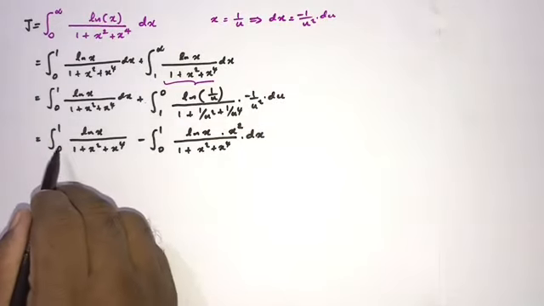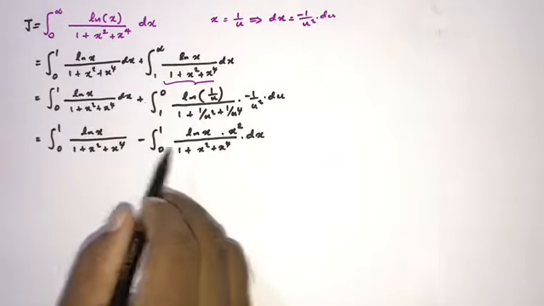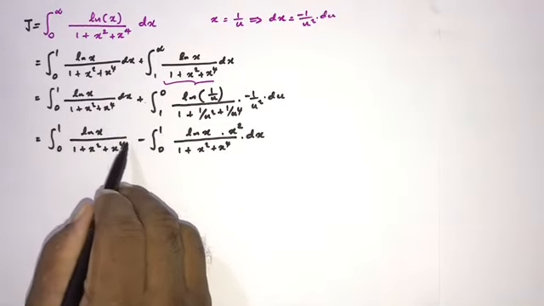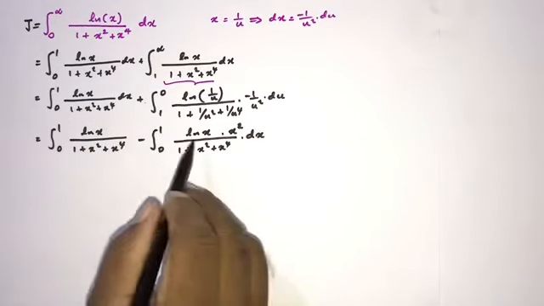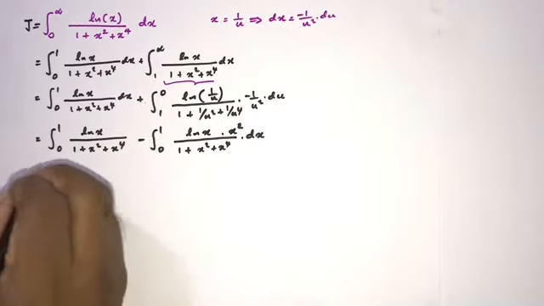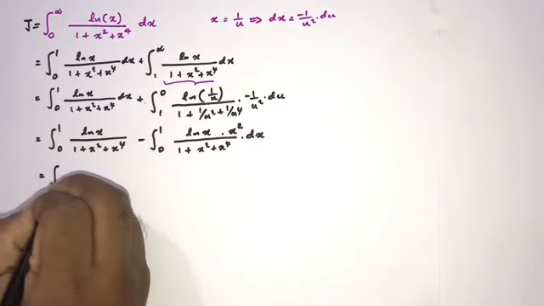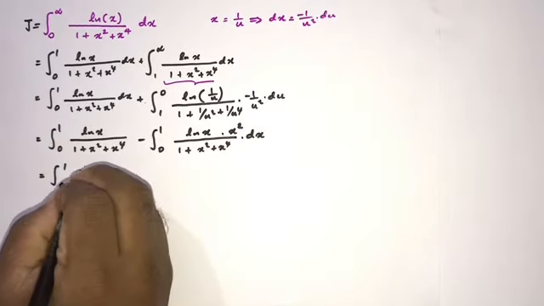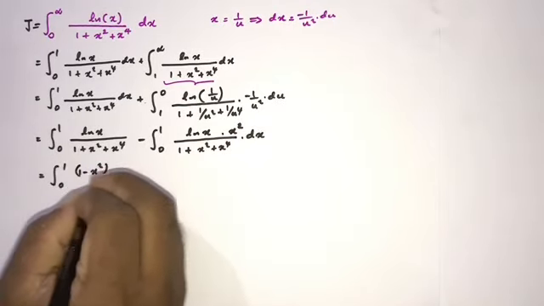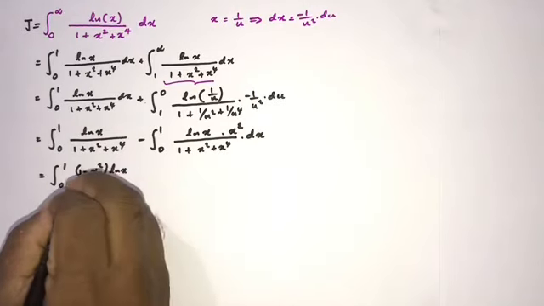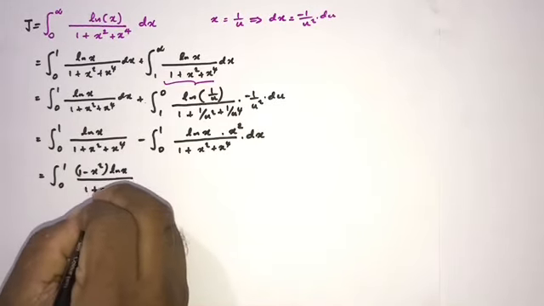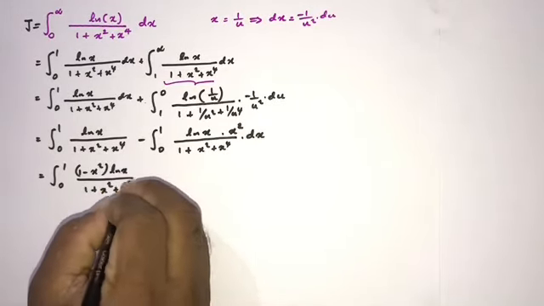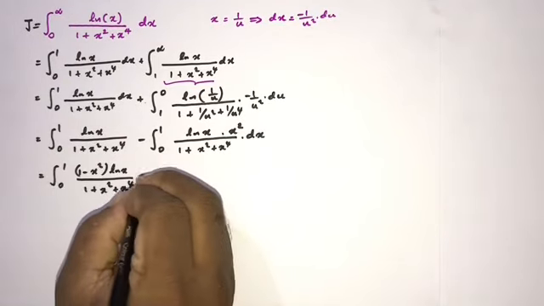Now we have the same boundaries, so we can take natural log of x over 1 plus x square plus x to the fourth power as a common factor. So we can write integral from 0 to 1 of 1 minus x square, natural log of x over 1 plus x square plus x to the fourth power dx.